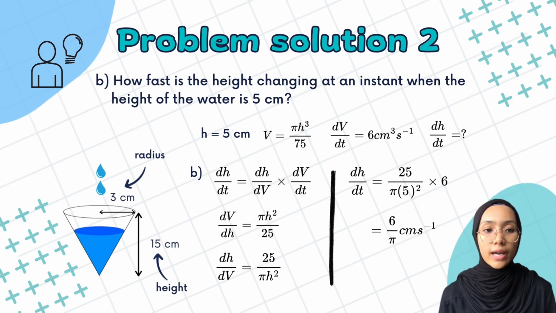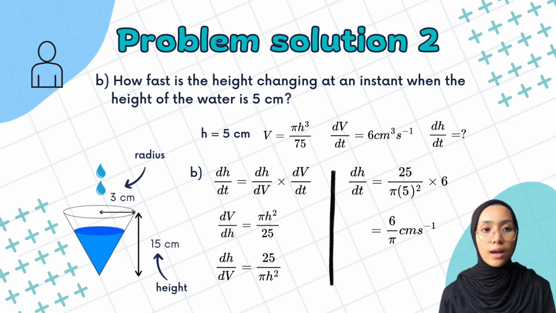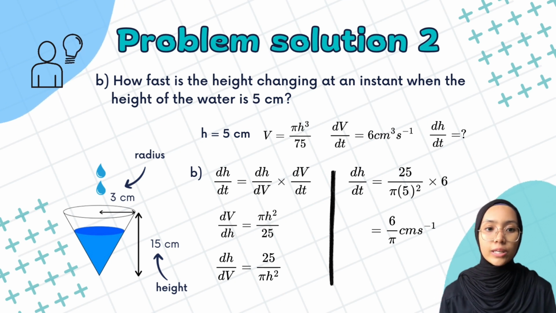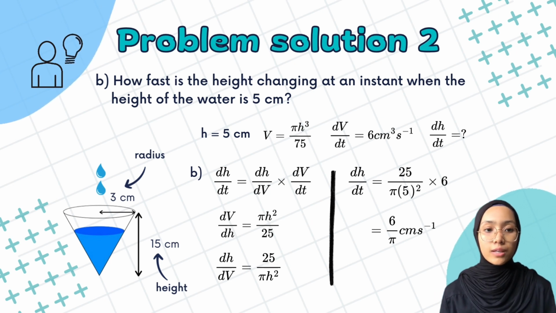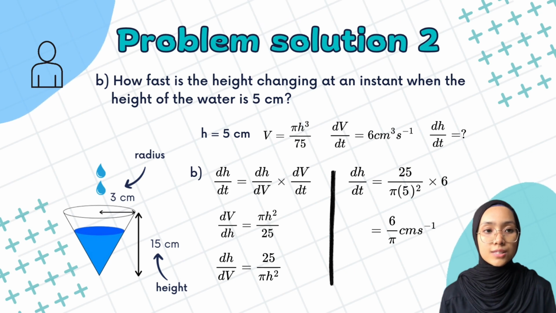Firstly, we need to find the derivative dV over dh, which is equal to pi h squared over 25. Then, we need to invert the answer to be dh over dV, which is equal to 25 over pi h squared. Secondly, substitute the values of dh over dV and dV over dt into the formula. Then, we will get the final answer of 6 over pi centimeters per second.